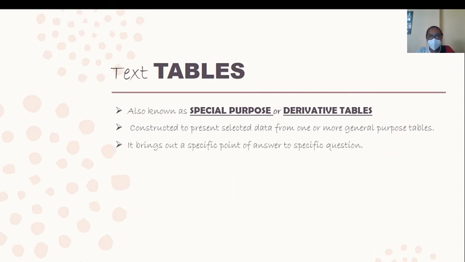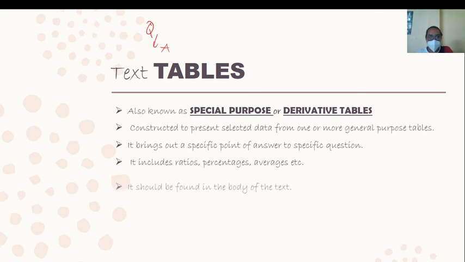And it brings out a specific point of answer to a specific question. Here though, sa text table, may question tayo, meron dapat siyang agad na specific answer. This text table includes ratios, percentages, average, etc. It should be found in the body of the text.